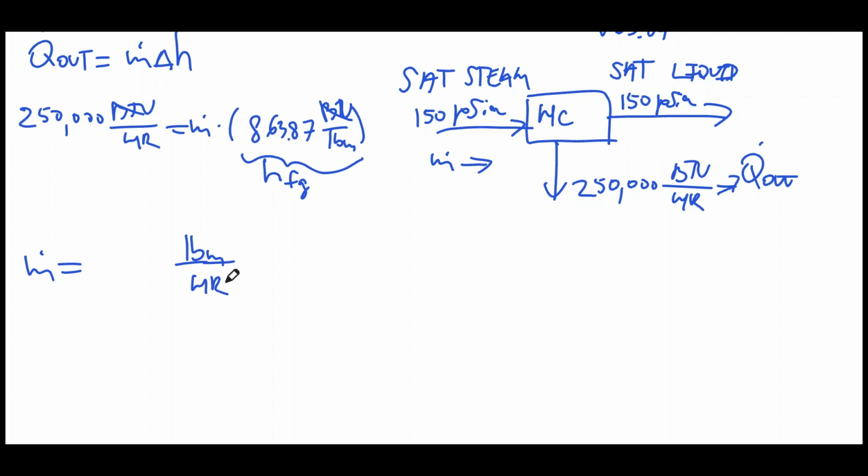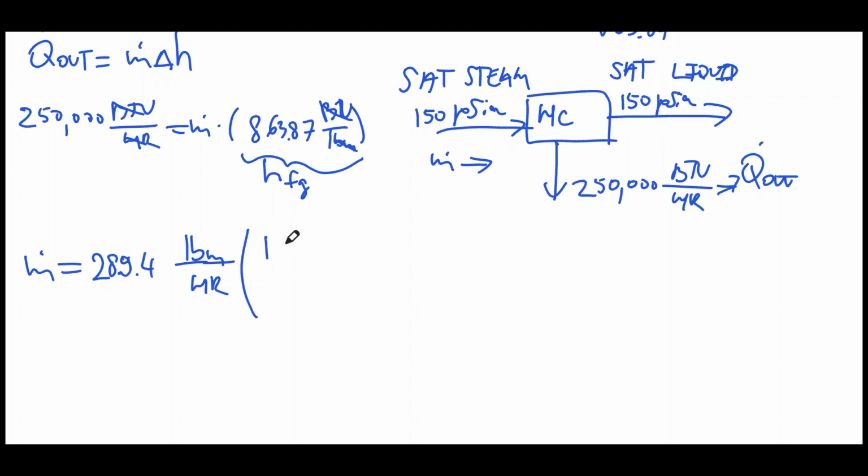Once you have LBM per hour, you'll be able to cancel these two out, and the whole equation is going to be equal. In any case, the mass flow is going to be 289.4 LBM per hour.